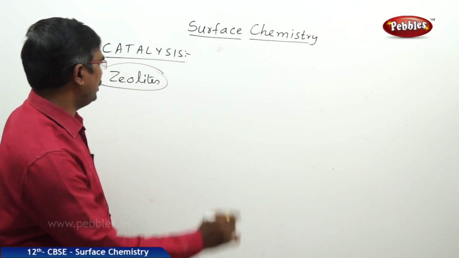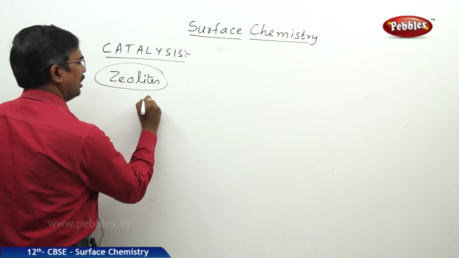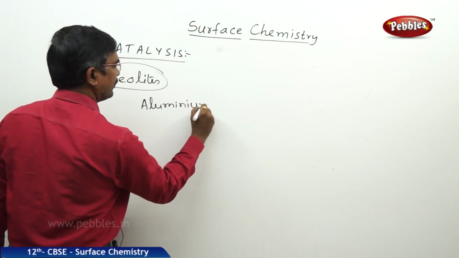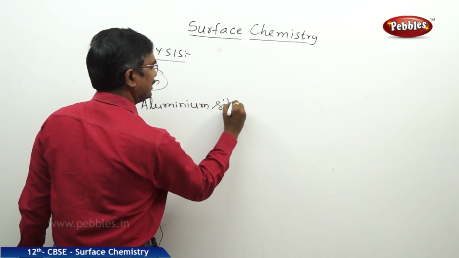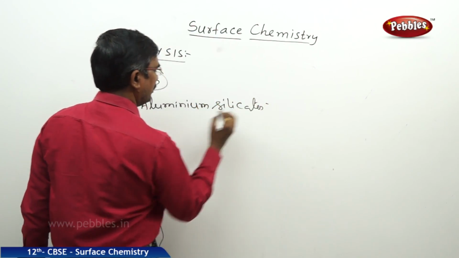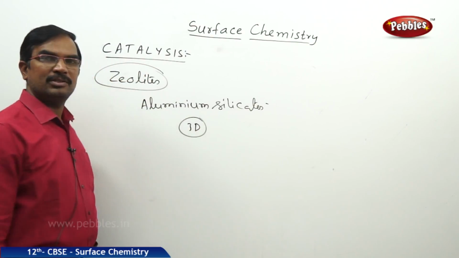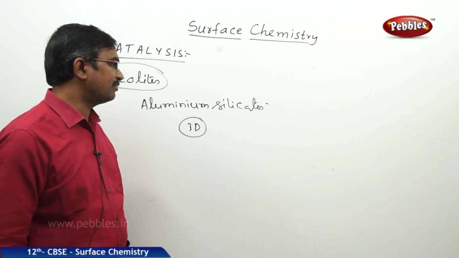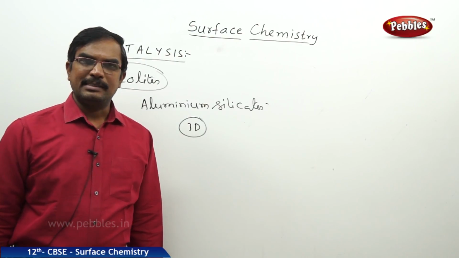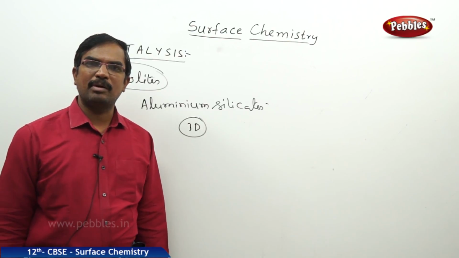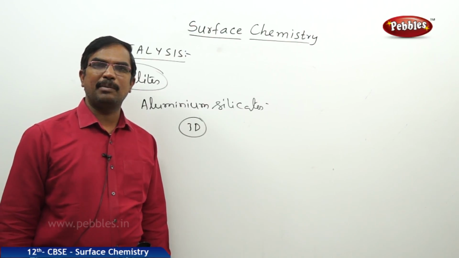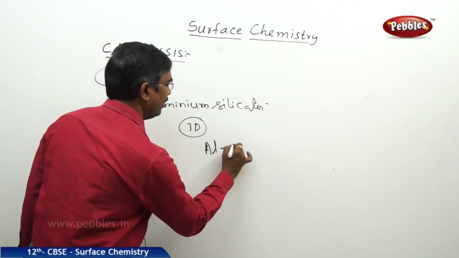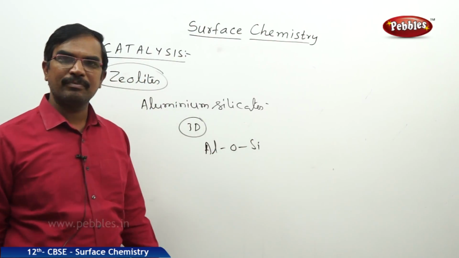Here, zeolites are actually aluminum silicates with a three-dimensional structure, having complex or polymeric forms of silicates, where in the silicate 3D structure some of the silicon atoms are replaced by aluminum. This facilitates the Al-O-Si bond.